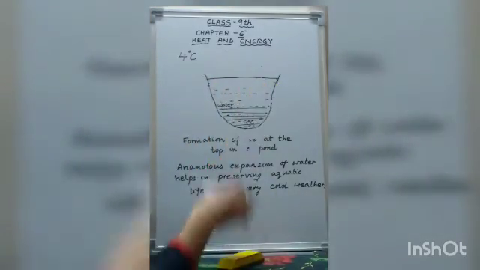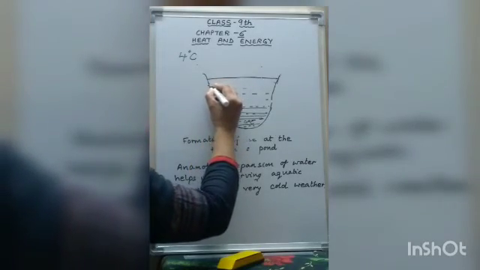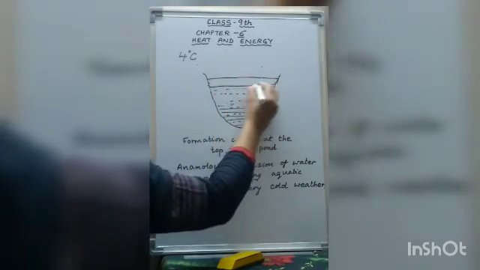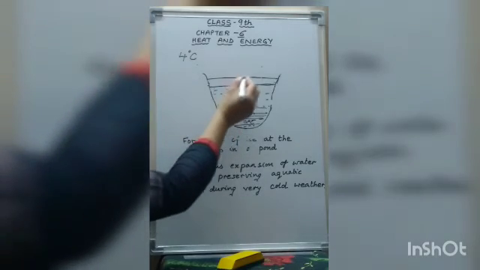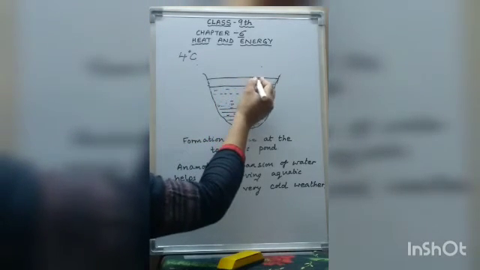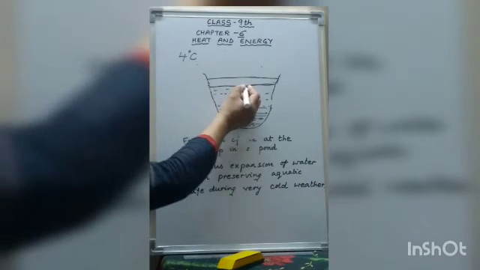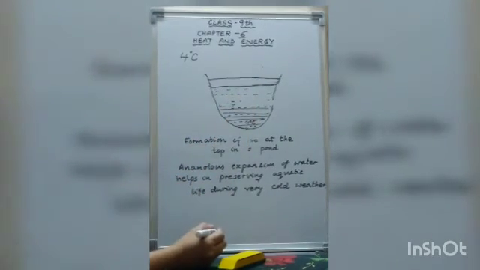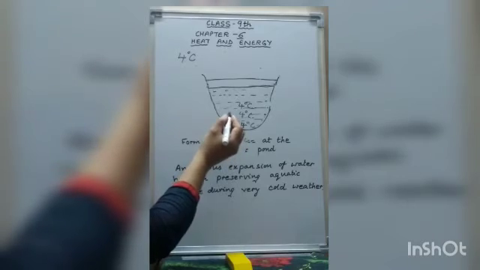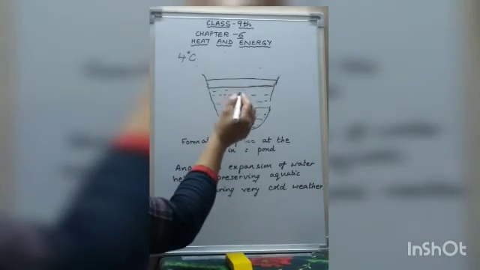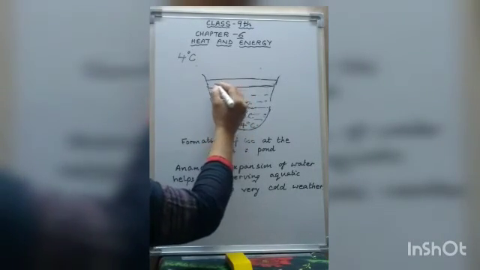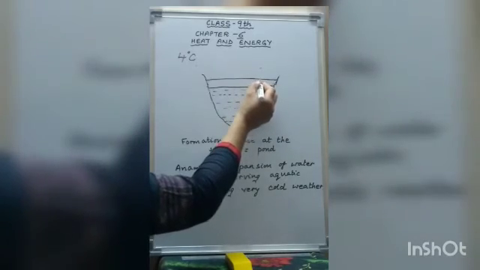So after 4 degrees Celsius, the water will expand, and water expands means volume increases, density decreases. As a result, the water does not sink further, but it remains on the surface.